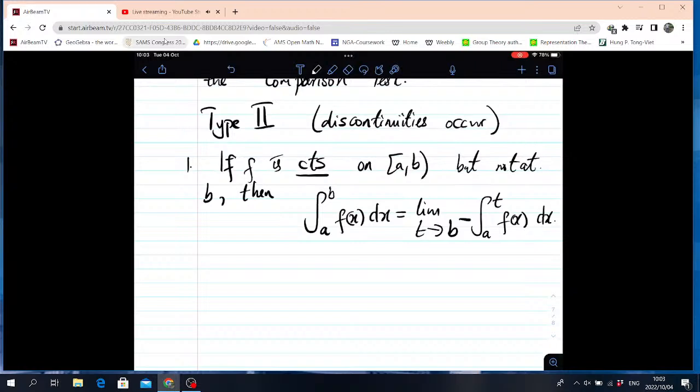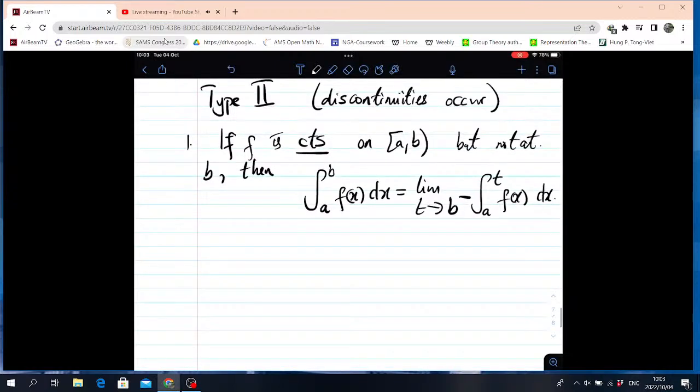This becomes our definition for the integral there, provided that the limit exists and is a real number.